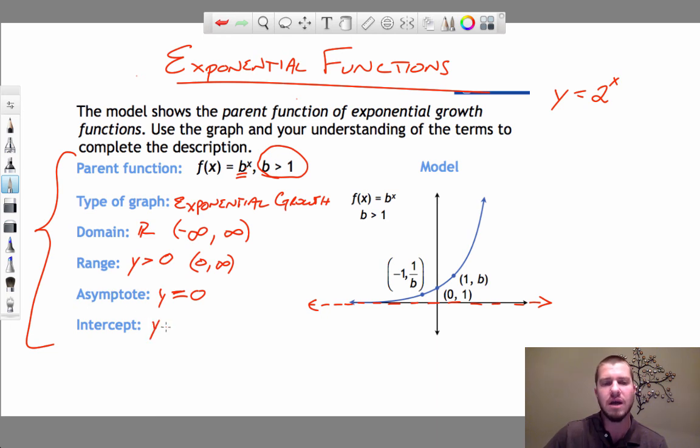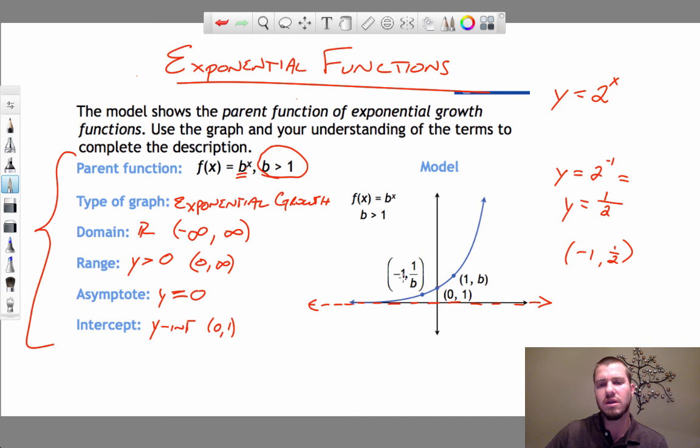And then the y-intercept is at the point (0, 1), because no matter what number is here, when I plug in 0 for x, it's something raised to 0, which is always equal to 1. So basically you're always going to have these 3 points. When I plug in negative 1 for x, because it's a negative, to make it positive I move it to the denominator, and then it's 1 over whatever that b term is.